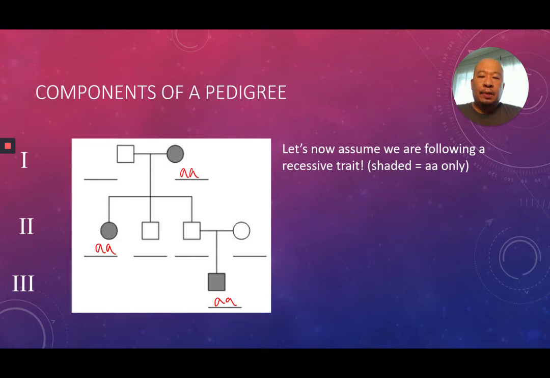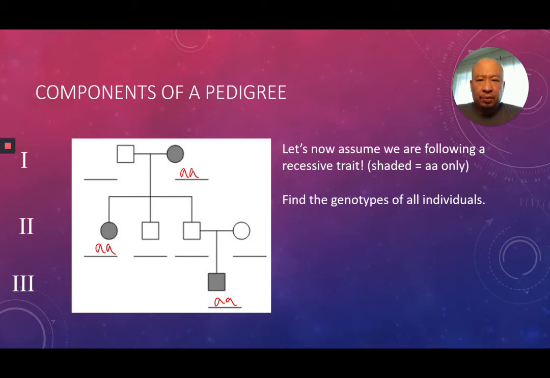What I want you to do, I want you to try and figure out the genotypes of the unshaded individuals. Now, because we're following a recessive, all of the unshaded ones phenotypically are dominant. So what that means is that there should be at least one dominant gene or allele in their genotype. And that's pretty much a good place to start.